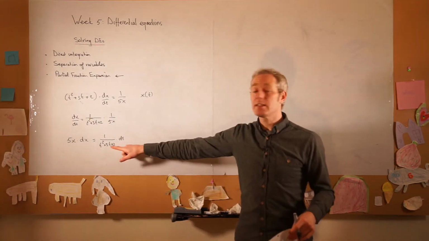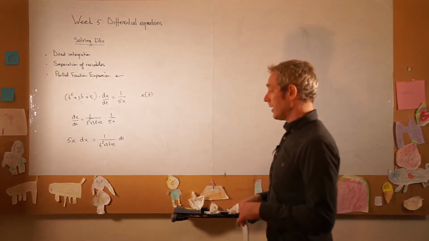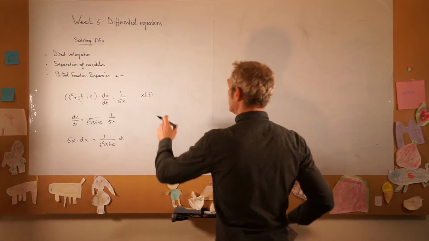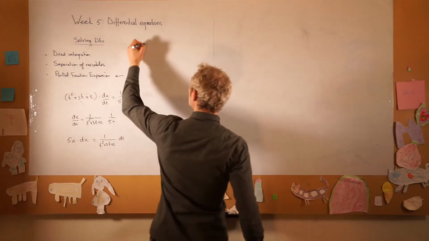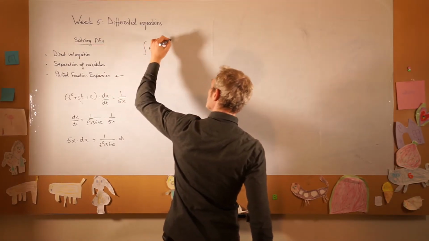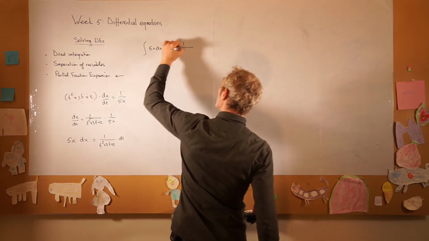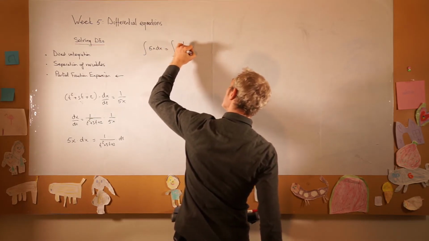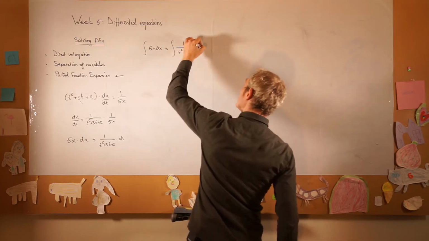And this is the separation of variable part. Now we know if we want to solve this, we write 5x dx is equal to 1 over t squared plus 3t plus 2 dt.